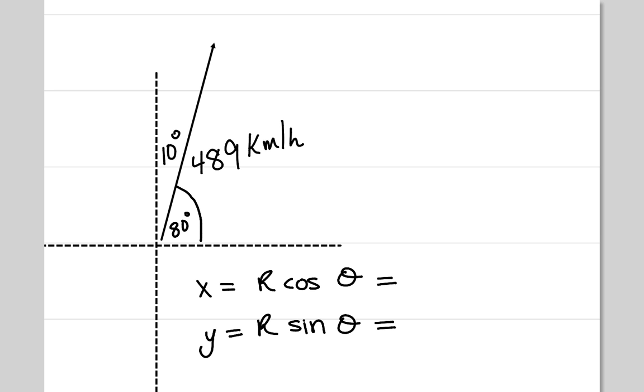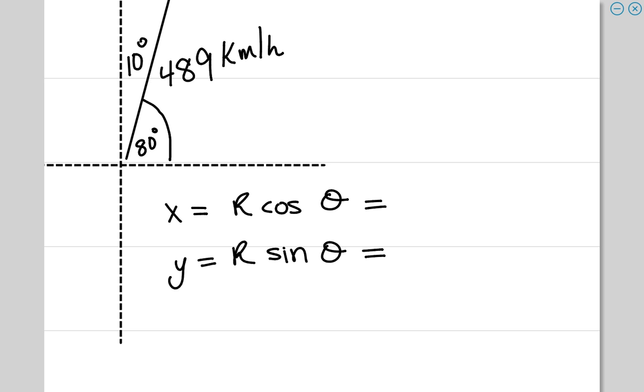These formulas only work if you use the angle in standard position. You can't use the 10; you have to use the 80. It's always an angle made with the x-axis. And if you're in Math 20-1, you would call these reference angles. And if you're not in Math 20-1, I feel bad for you, because the two courses go pretty well together, Physics 20 and Math 20-1.